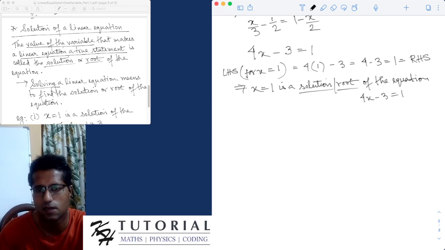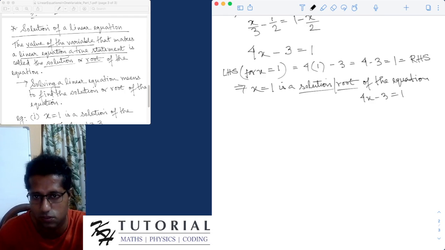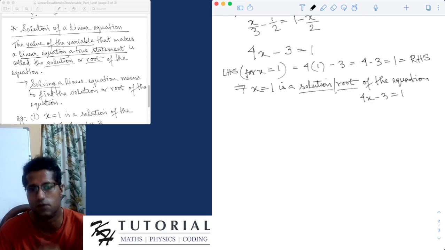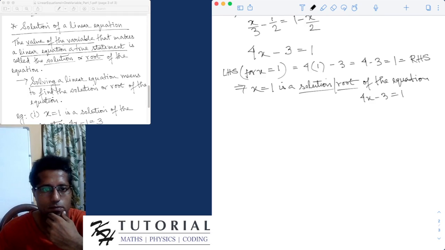It simply means the value of the LHS will be equal to the value of the RHS when we substitute the variable x for that value. Then that value of the variable is known as the solution or root of the equation. And the process of finding that value of x that satisfies the equation is known as solving the linear equation.